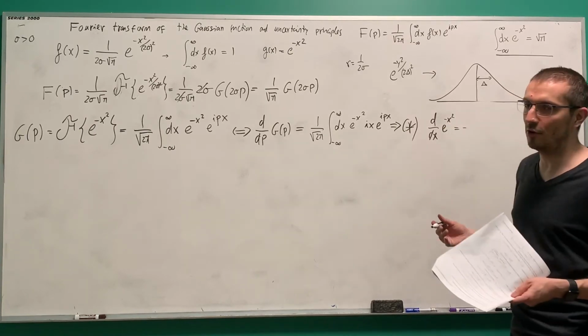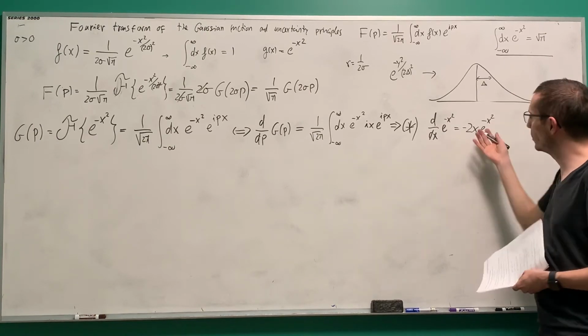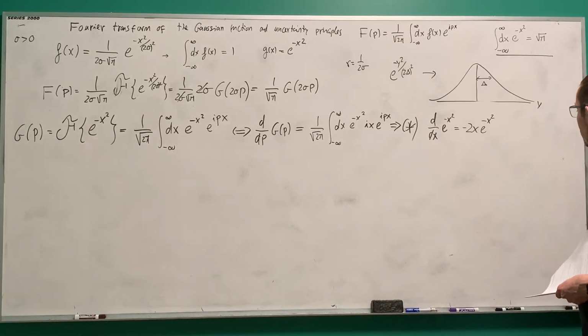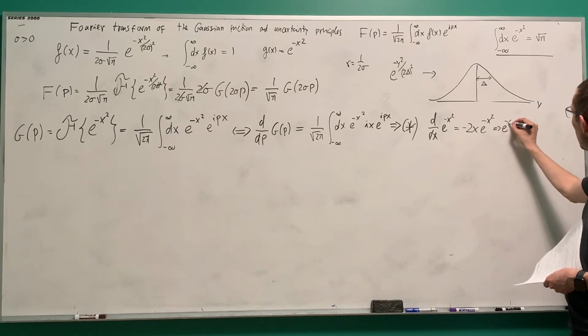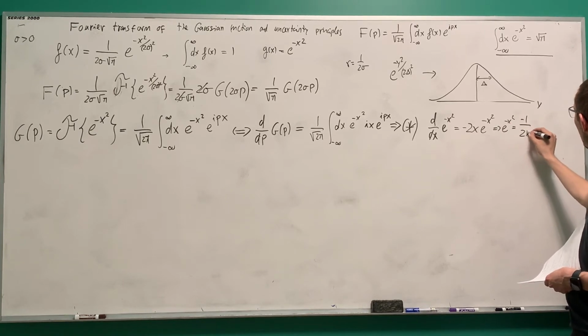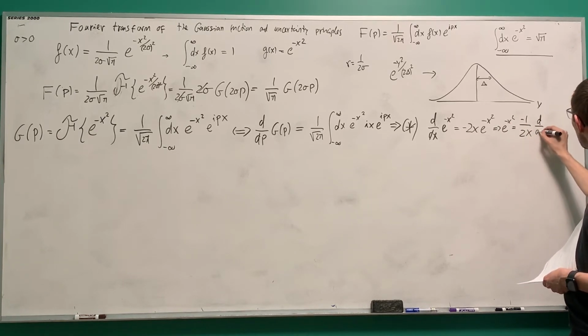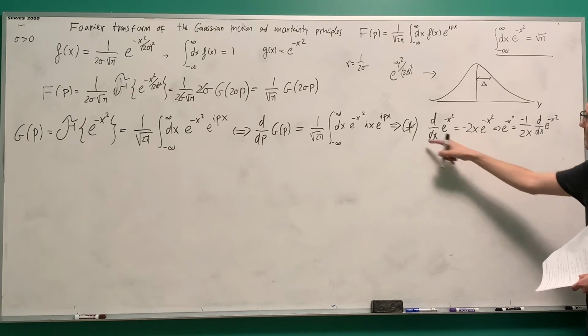Well, glad you asked. That is just minus 2x e to the minus x squared. We know how to differentiate. But that also means that e to the minus x squared is equal to minus 1 divided by 2x times the derivative with respect to x of e to the minus x squared. All I did here is move this to the left hand side.